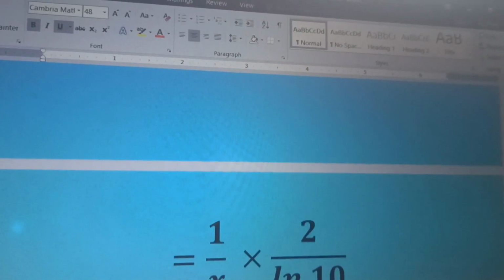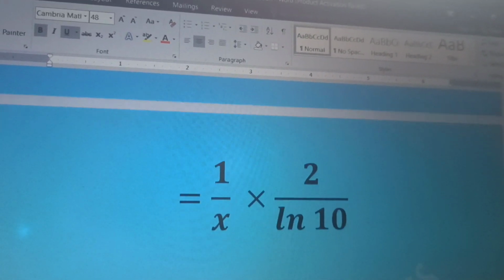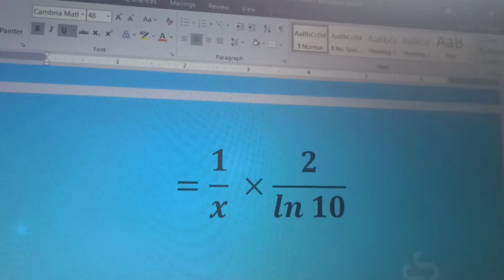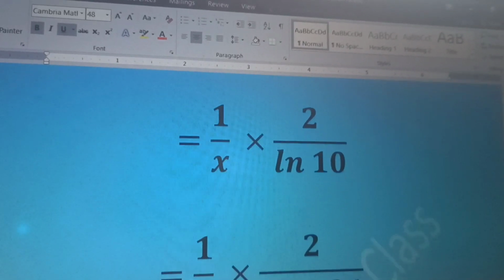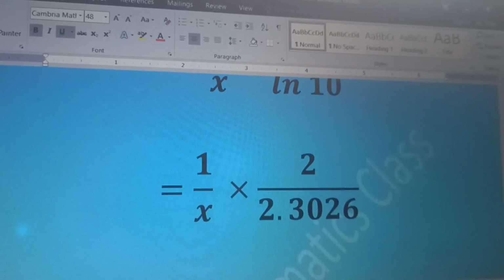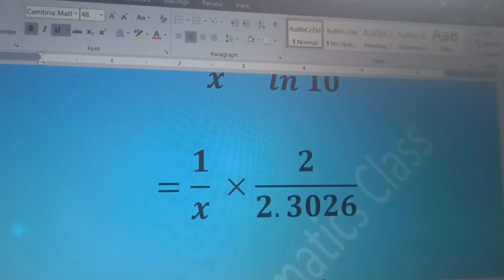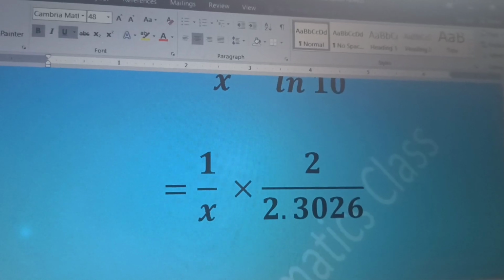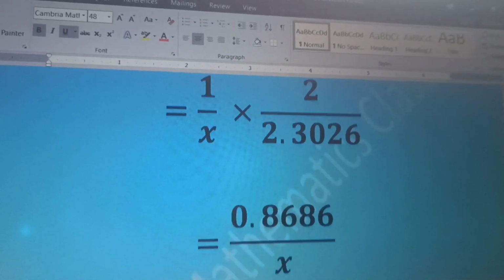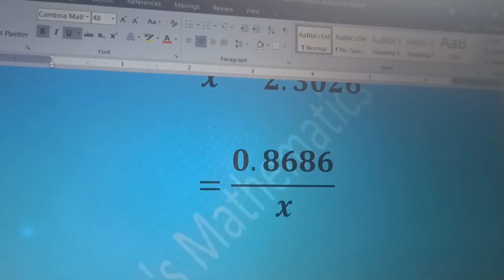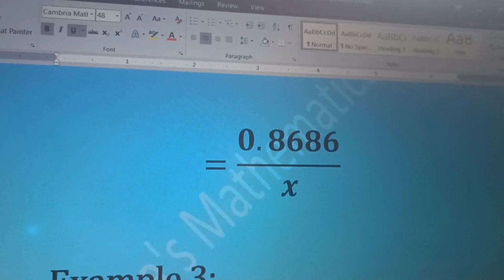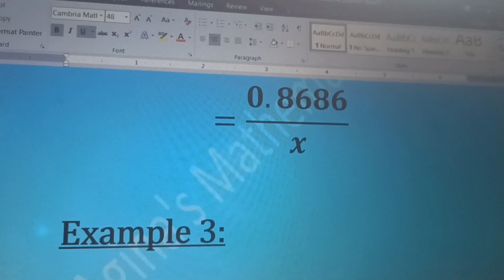So that is 1 over x times 2 over ln 10. There's a value for ln 10. The value for ln 10 is 2.3026. So if we simplify this, we will obtain 0.8686 all divided by x. So that is the derivative of y for that function.